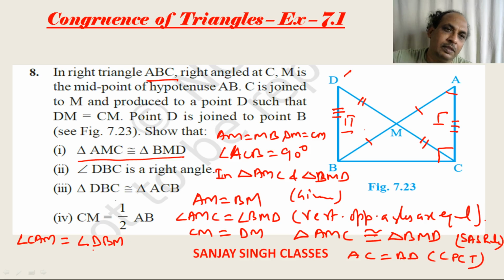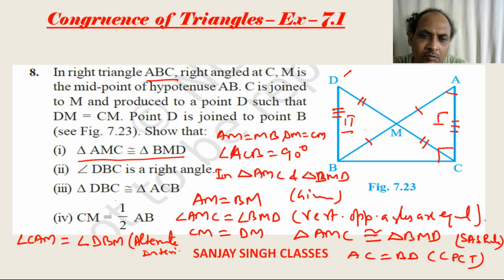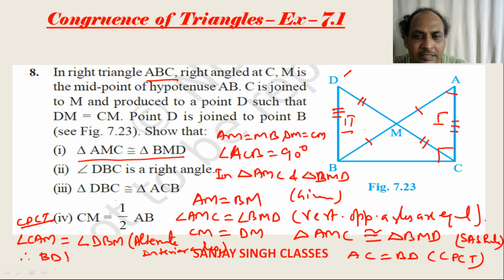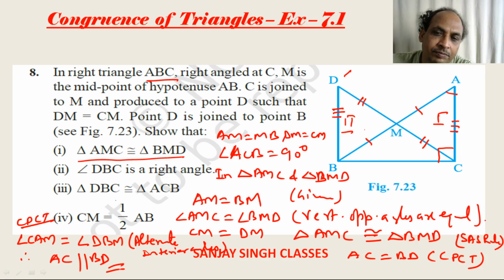What is it? It is alternate interior angles. Due to CPCT in both triangles, angle CAM is equal to angle DBM, which form alternate interior angles. Therefore, we can say that AC is parallel to BD. That also we can prove.